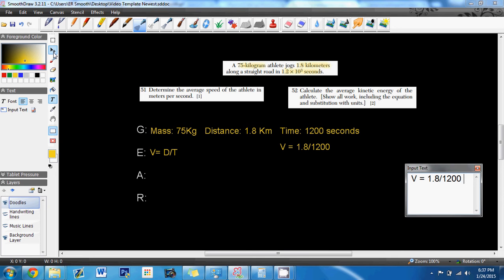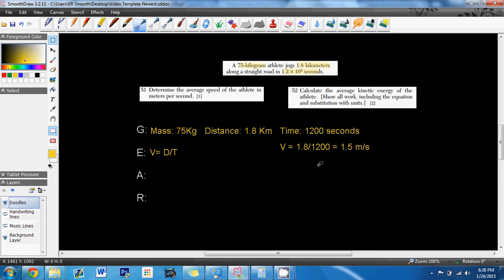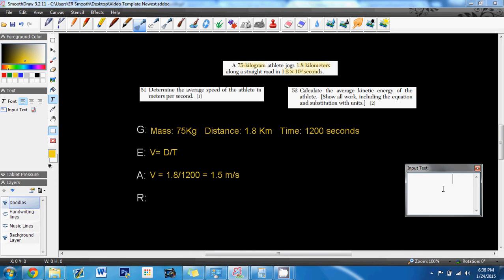So that will equal 1.5 meters per second. So that's the result. That would be the answer for number 51. The speed of the athlete to jog 1.8 kilometers in that amount of seconds is 1.5 meters per second. So your answer is speed equals 1.5 meters per second.